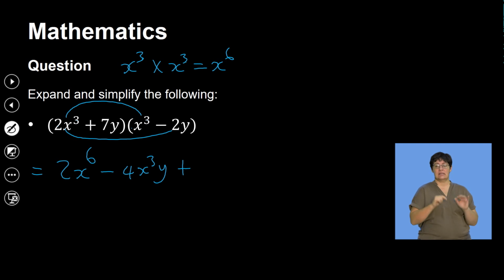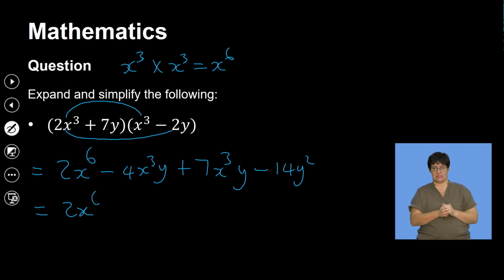Then plus the 7 multiplied by the 1, there will be 7x cubed y. And then lastly, it will be plus 7y multiplied by the 2, there will give me negative 14y squared. Then this will then give me 2x to the exponent of 6.